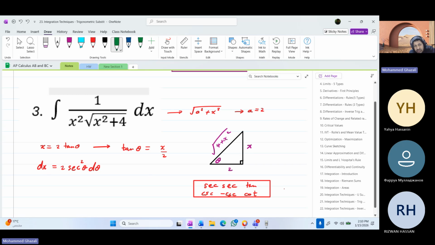Now we need to change the square root form. To change the square root form, we have the square root of x squared plus 4. What is x? 2 tan theta.